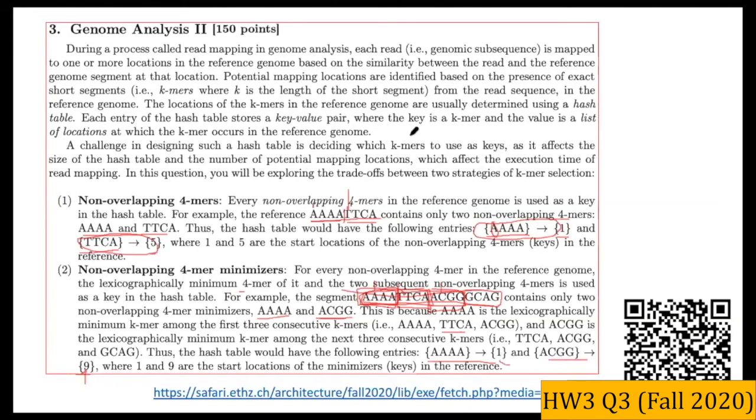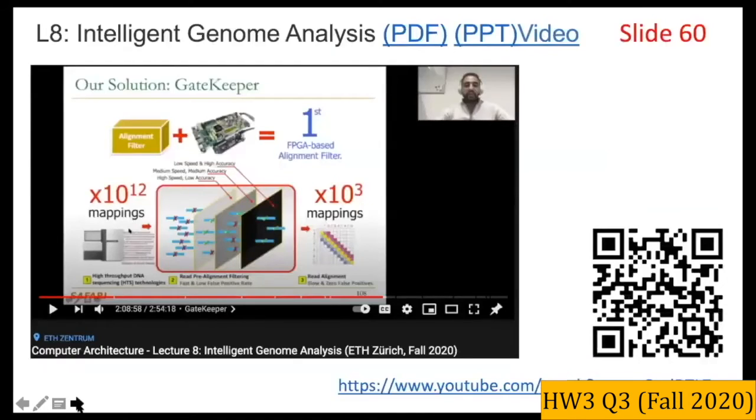All right, so now let's move to the question. I really recommend all of you to go and watch my lecture again, especially starting from slide 60, where I explain the read mapping process, and it will help you a lot in solving this question.